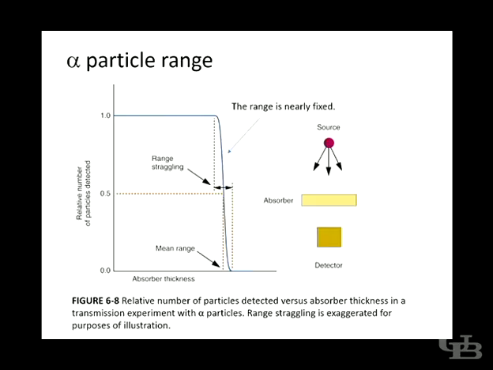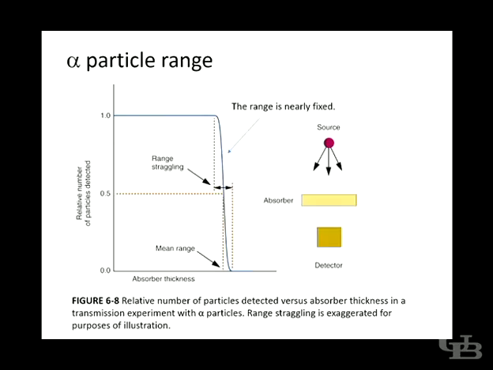So imagine that we have this matter, and you have a beam of alpha particles hitting here, and in a virtual environment you can see how many alpha particles get into 1 millimeter, 2 millimeters, or until a certain thickness. So this is what this graph is.